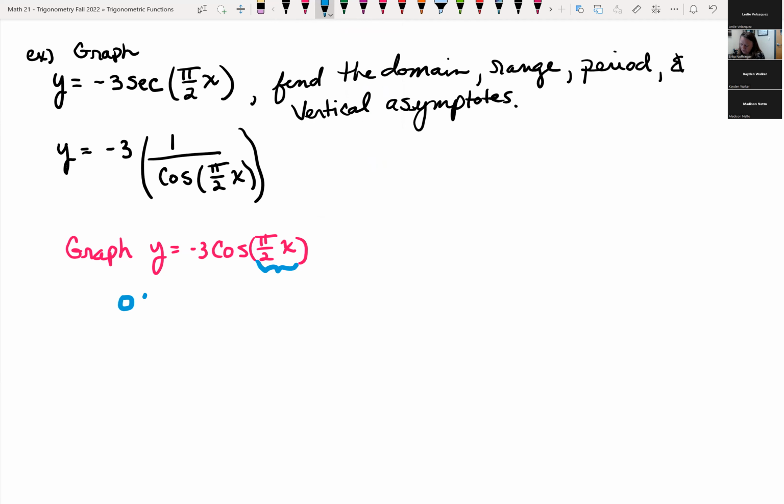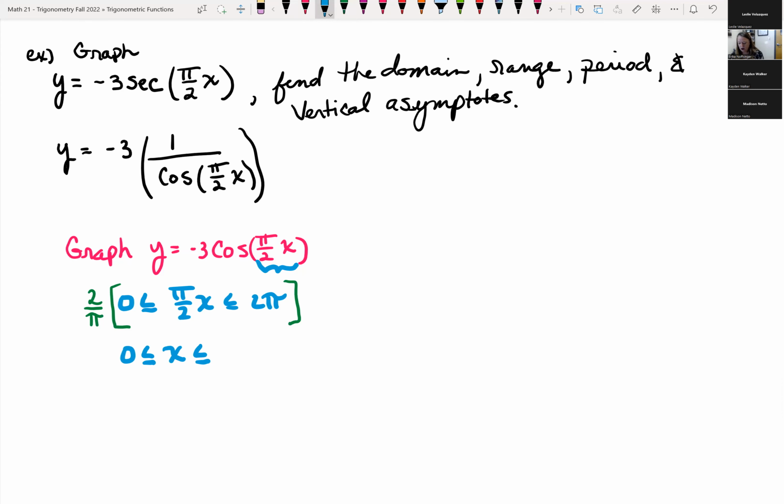So we could say 0 is less than or equal to pi halves x is less than or equal to 2 pi. So that's a normal period of cosine of x. And so let's find our new period. And we would do that by finding what x is in between our inequality. And so we can do that by multiplying everything through by the reciprocal of pi halves, which is 2 over pi. 2 over pi times 0 gives us 0, is less than or equal to 2 over pi times pi halves, that's 1, leaving us with 1x, is less than or equal to.